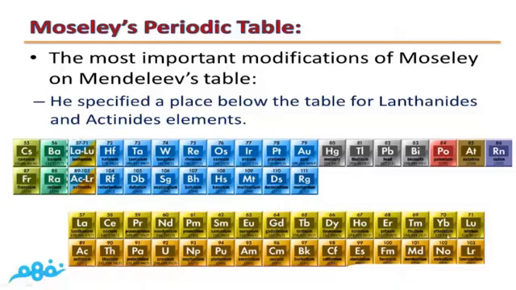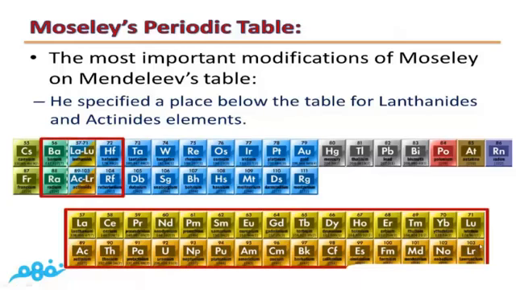This group of elements is called lanthanides, and also we have the same gap between Ra 88 and Lr 103. This gap is filled by this group of elements which are called actinides, starting from actinium Ac 89 and ending with Lr 103.